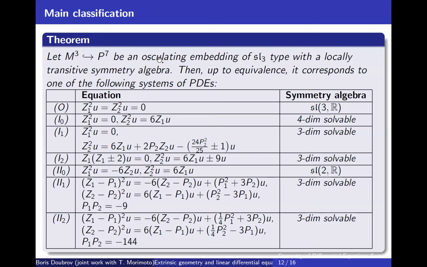So its osculating spaces have to be exactly of the right dimensions. Probably it's not the most correct terminology here, but osculating means that osculating subspaces have to be of type SL3, and the symbol also has to be of type SL3 if you consider this as an embedding into the flag variety, flags of dimensions 1, 3, 5, 7 in R^7.